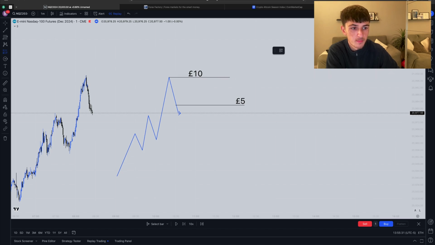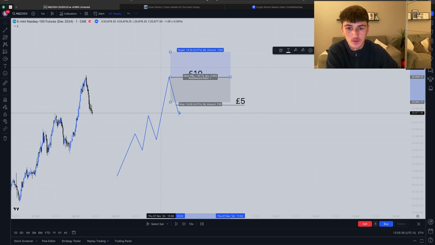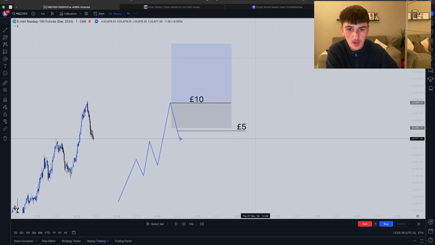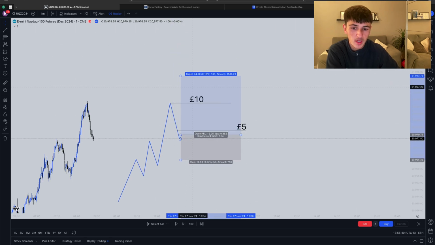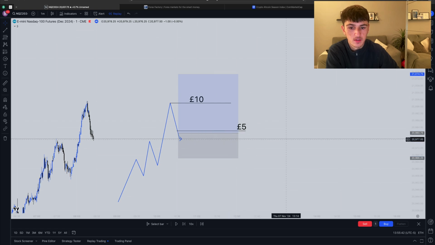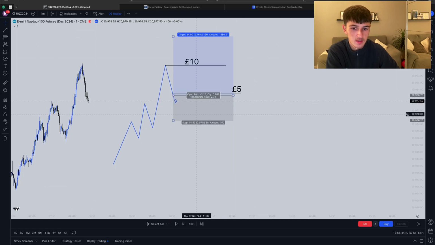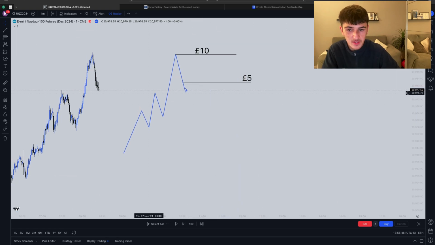Look at the price over here. Nasdaq's at 21,000. Why would anybody want to buy Nasdaq at this price when we can wait and get it at this price? Does that make sense? So it's the same for any of these pullbacks.